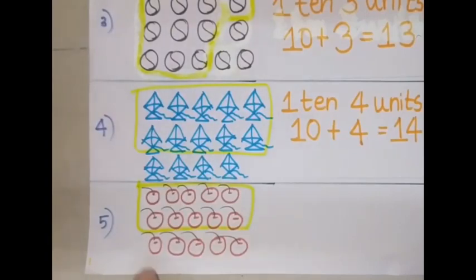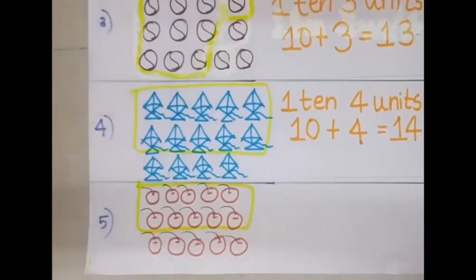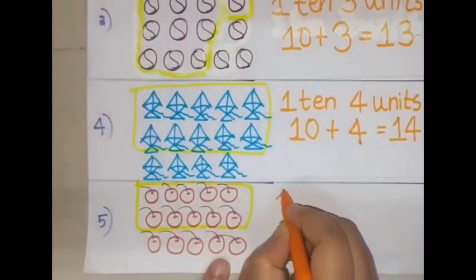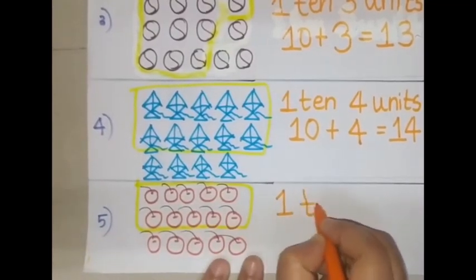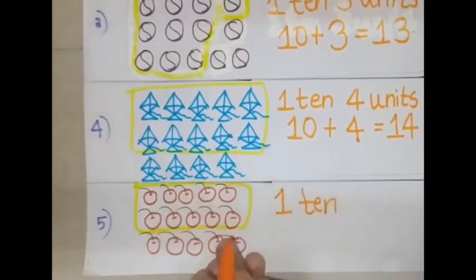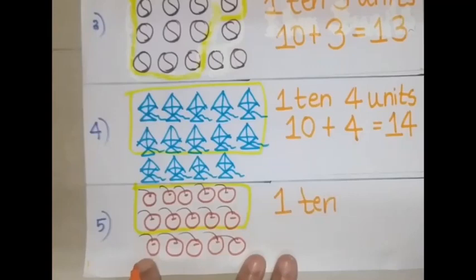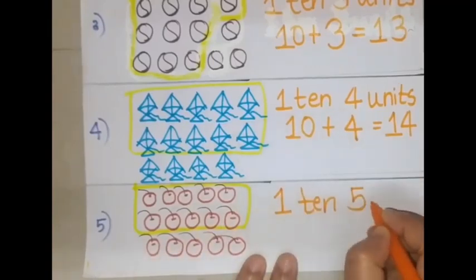Let's count them. 1, 2, 3, 4, 5. There are 5 cherries remaining out of that group. So one group of 10 cherries is 1 ten, and the remaining cherries are 1, 2, 3, 4, 5. So we will write here 5 units.